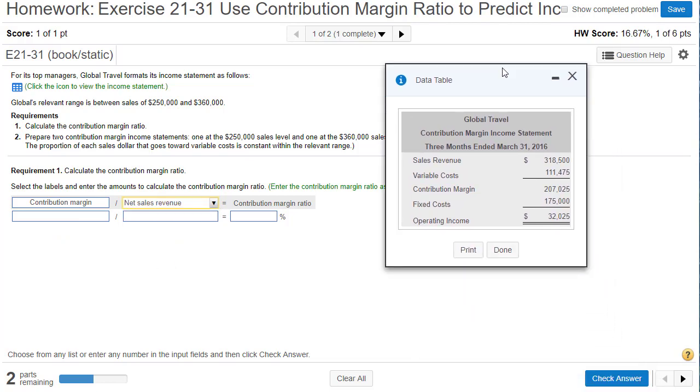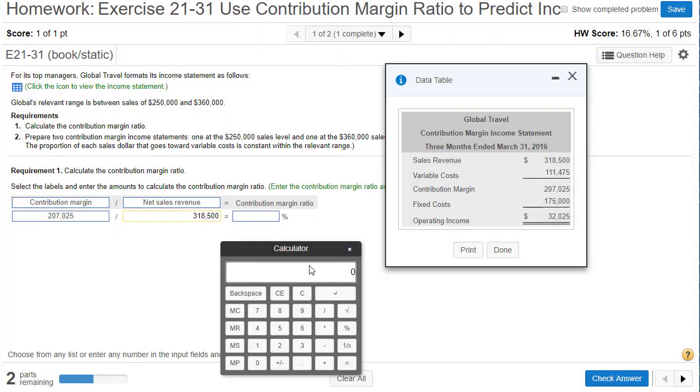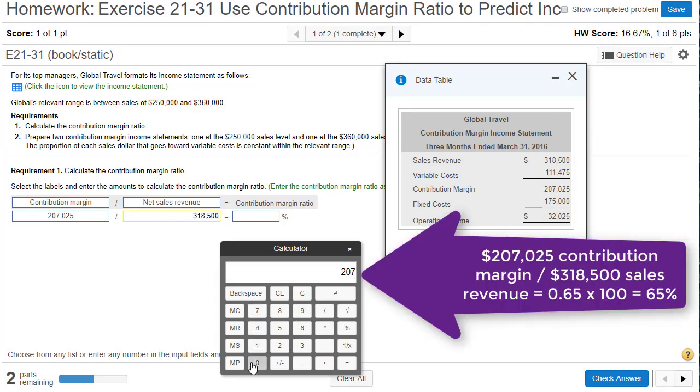So now we're just going to take the actual numbers. Contribution margin is $207,025 divided by net sales revenue of $318,500. Copy and paste. Now we get to crunch the numbers. 207,025 divided by 318,500 gives us 0.65.